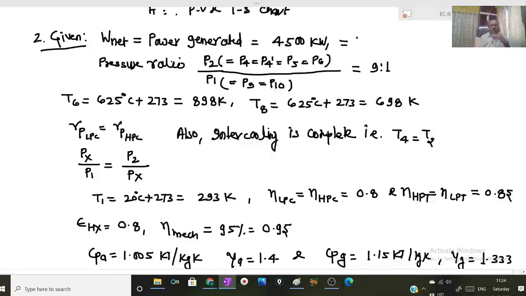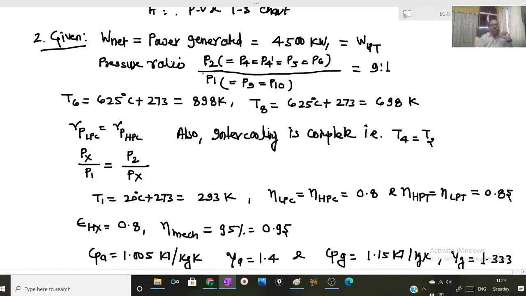So W net is nothing but W LPT, because the only power output of LPT is used to drive the generator. So ideally I can say output of LPT is equal to output of gas turbine cycle.